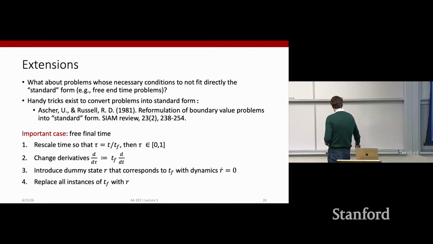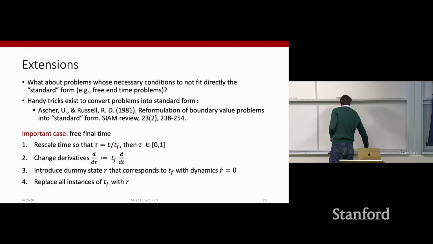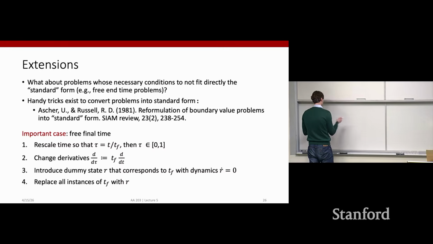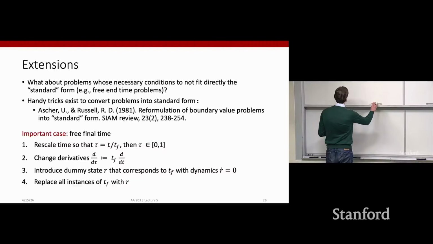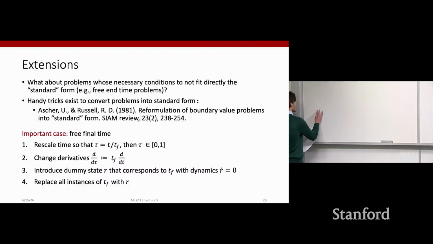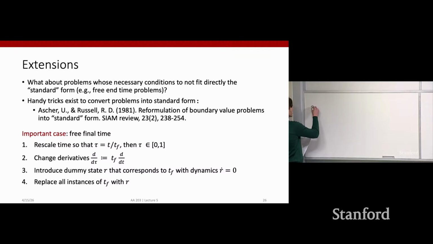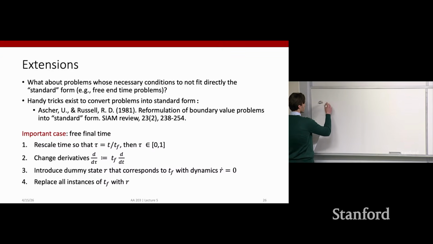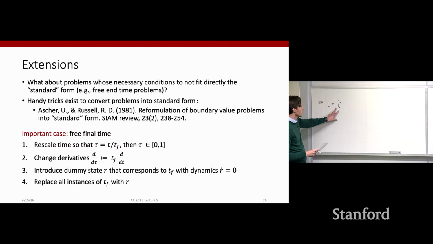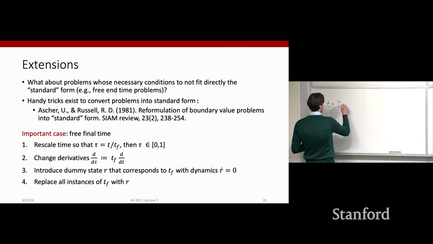And a usual trick that happens oftentimes in mathematics is the so-called time rescaling, where specifically we model time t as a kind of normalized time tau times tf.